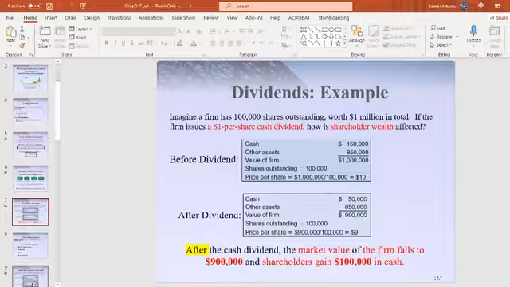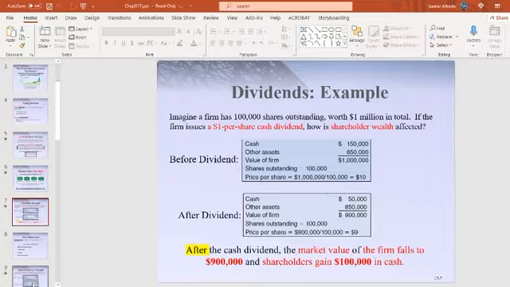Assume the company before we pay the dividends. There was cash in the company equal to 150,000, and there were also other assets in the company equal to 850,000. So the total will be 1 million. This is the value of the company before we issue dividends. How many shares outstanding?